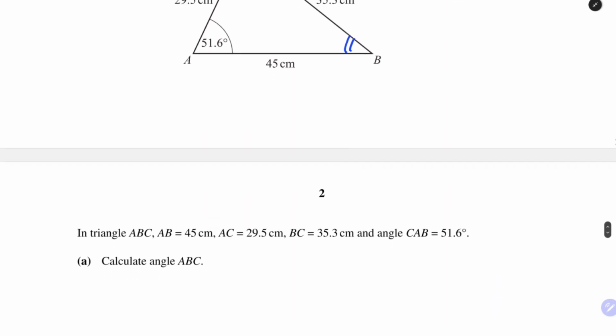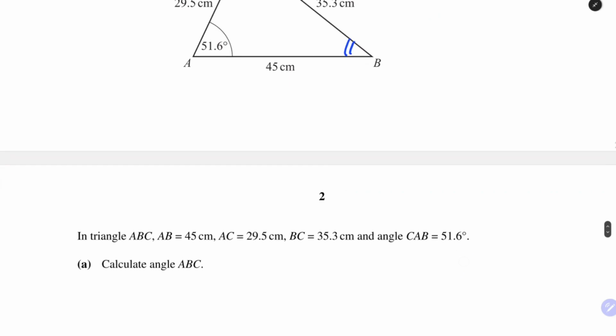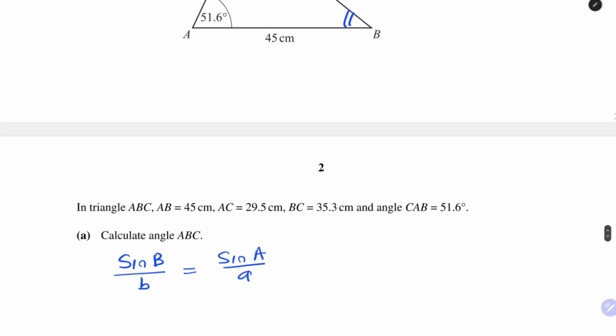So to calculate angle ABC, I'm going to have sine B over b equal to sine A over a, and then our sine B will be given by b sine A over a.